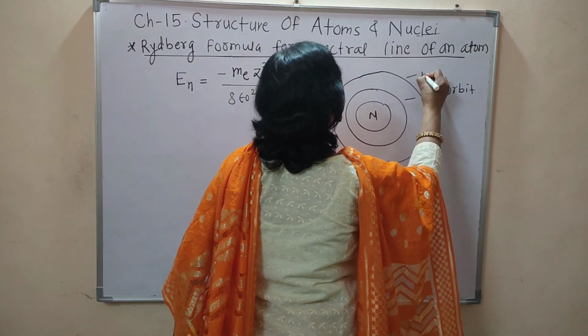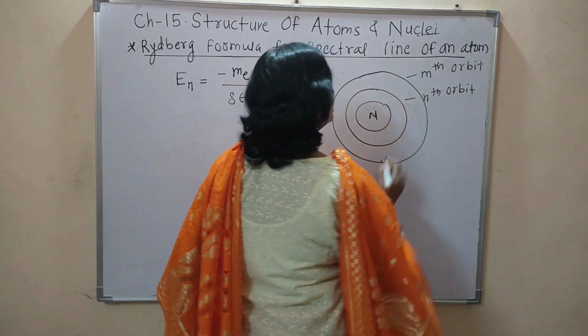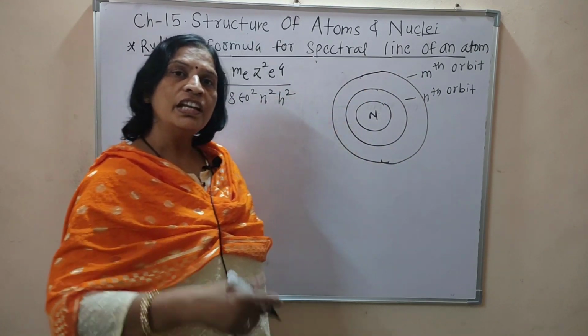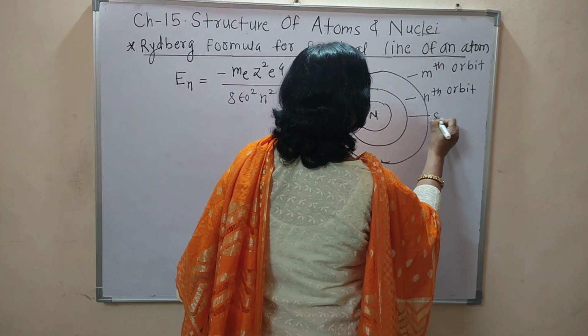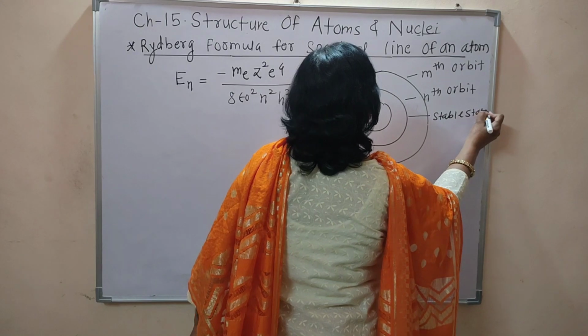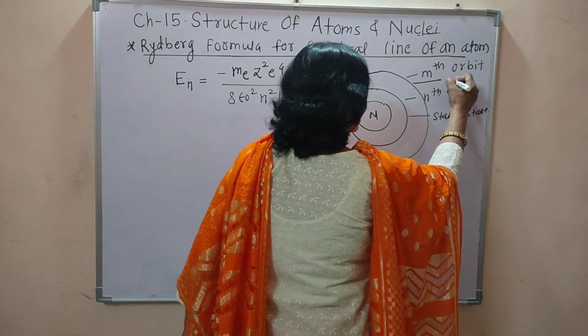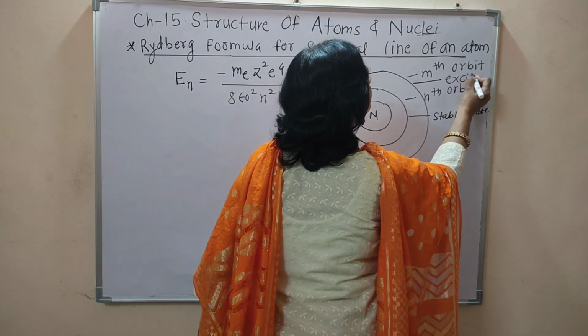As the number of orbit goes on increasing, its energy goes on increasing, and this is the ground state, that is the stable state. And the mth state is the unstable state, that is nothing but the excited state.